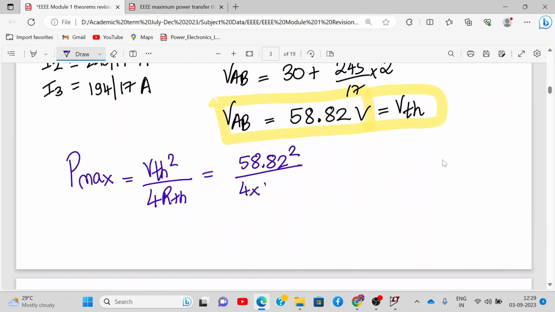1.764765. So let me know Pmax now. 58.82 square divided by 4 into 1.764765.